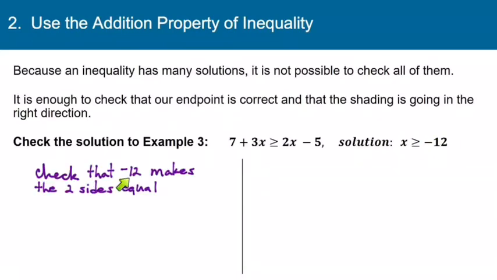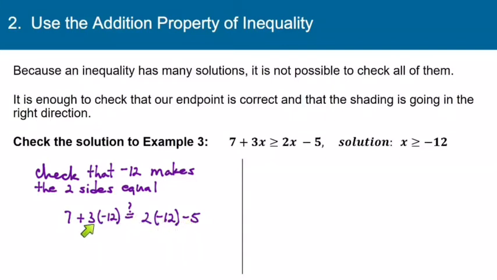So even though this is an inequality, the negative 12 is the number that makes both sides the same. So we just want to check that negative 12 makes the two sides equal. So plugging negative 12 into our statement, we have 7 plus 3 times negative 12 is supposed to be equal to 2 times negative 12 minus 5.